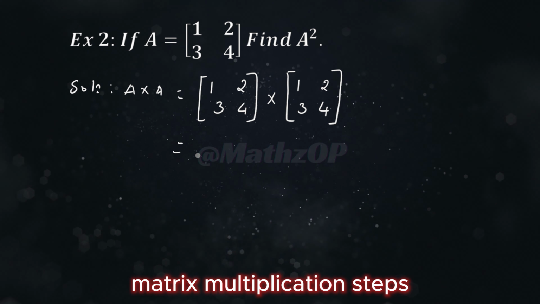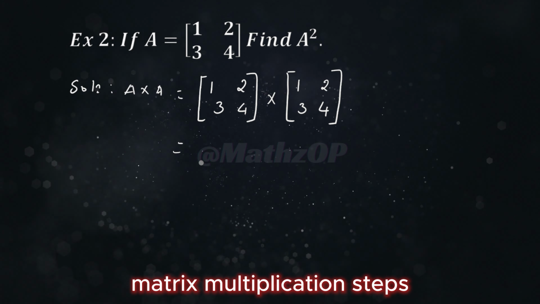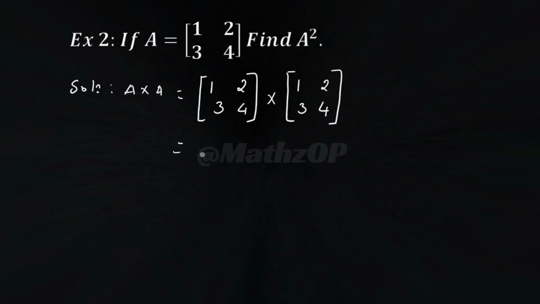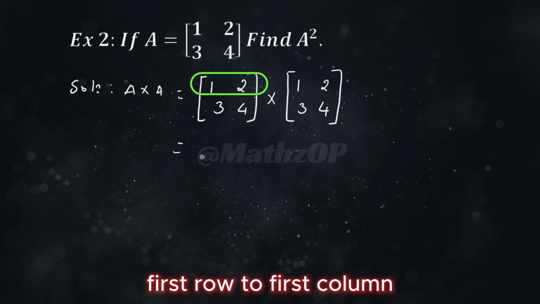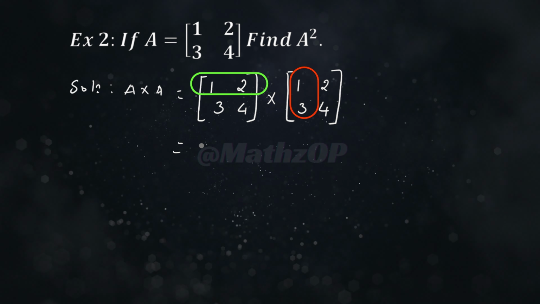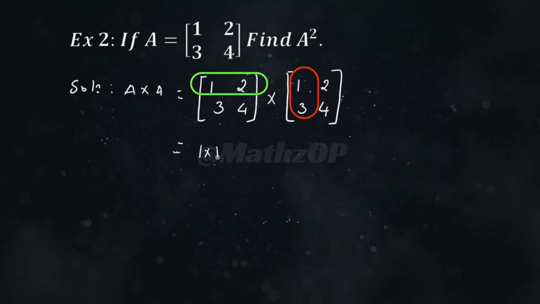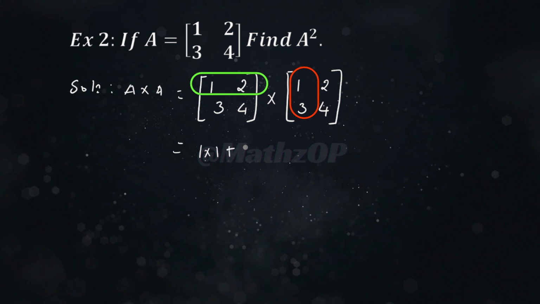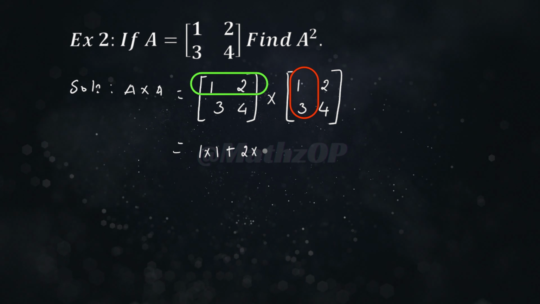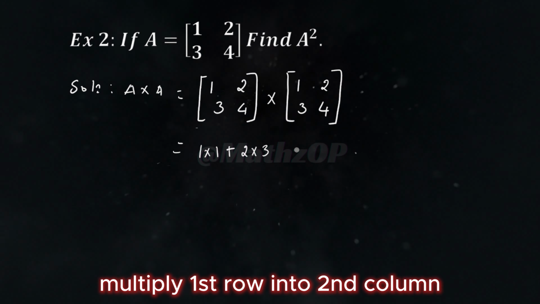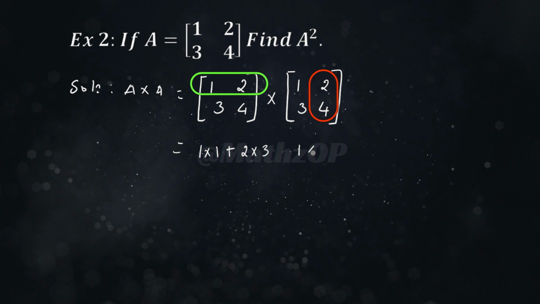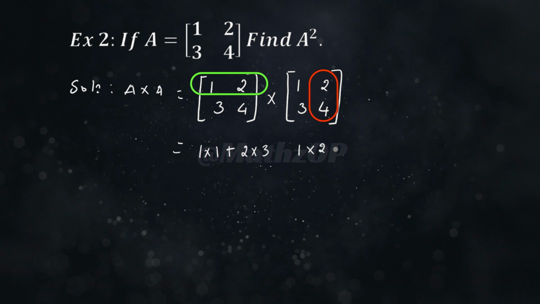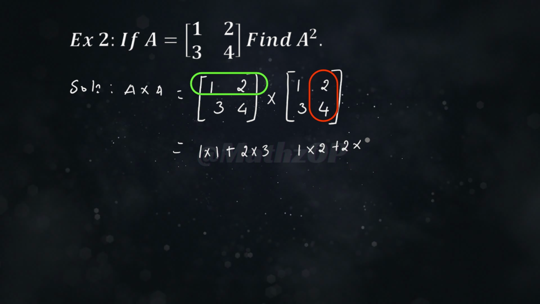So now let us follow the matrix multiplication steps. First I will multiply first row to first column, 1 into 1 plus 2 into 3. Now multiply first row into second column, 1 into 2 plus 2 into 4.